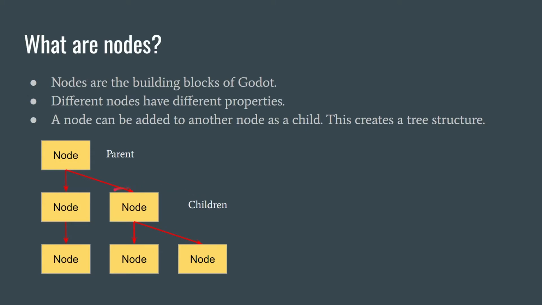We can see in the diagram here that we have a parent node, and this parent node has two children, and these children also have more children under them. This nature of nodes in Godot is a very powerful way of creating more complex structures.